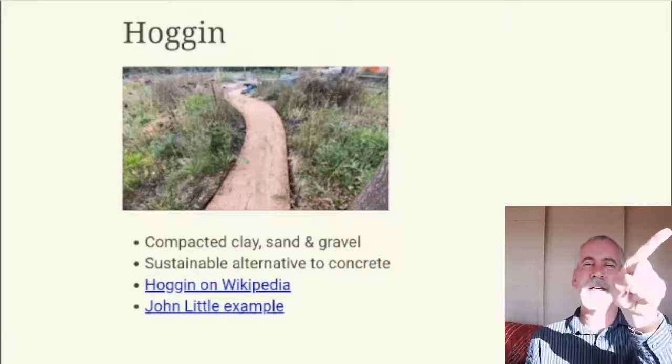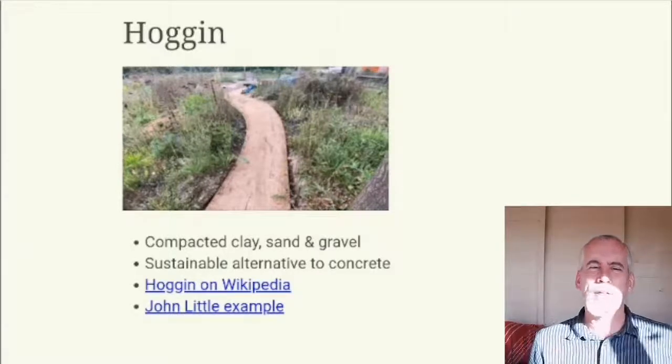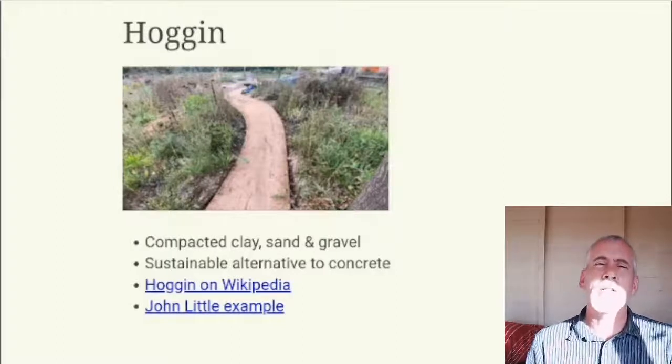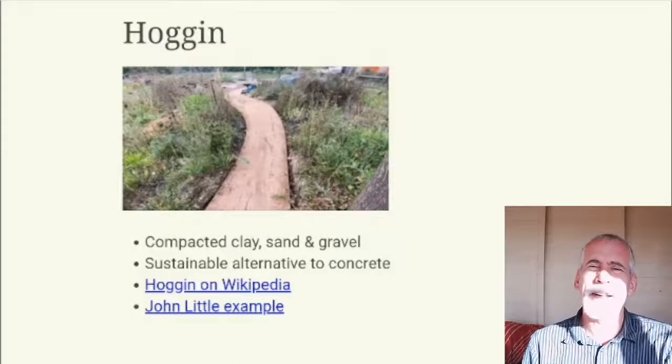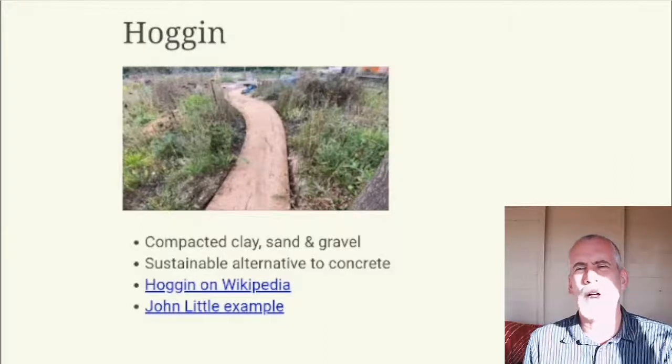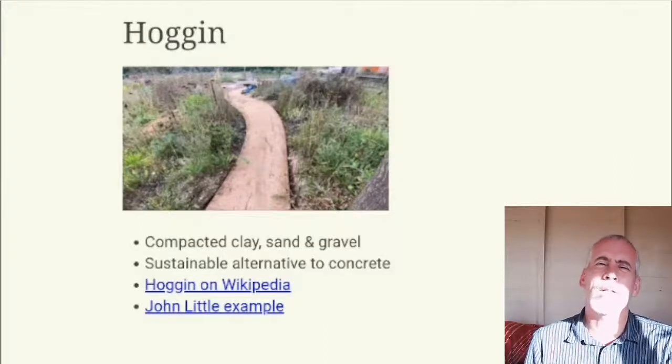It's compacted clay, sand, and gravel. It's used a lot generally in the south of England and around National Trust properties. It's not strong enough for vehicle access, but it's good for a hard-wearing path for humans.